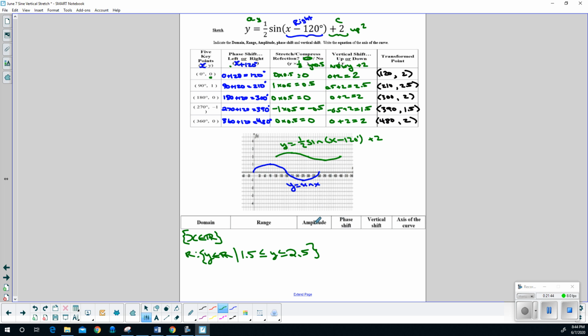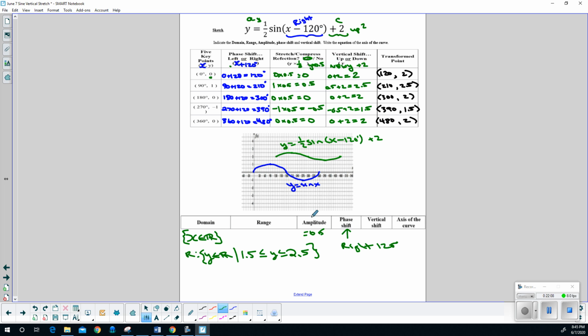Okay. Amplitude, well, we shrank our amplitude, and you can read it off of the graph. It only goes up and down by 0.5. So my amplitude is just 0.5. My phase shift, so that's how far I went over. So I went to the right 120 degrees.